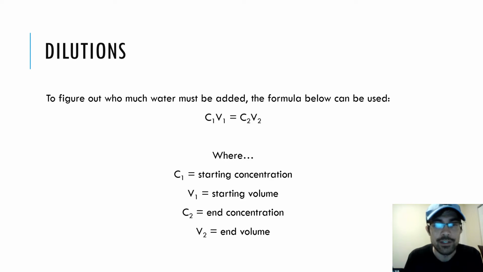For dilutions, you're using this formula here, C1V1 equals C2V2, okay? And in this case, C1 is your starting concentration. So typically speaking, with a dilution, you have a stock solution that is very concentrated, and you're going to dilute it down to something that's easier to work with and safer and possibly just what you need for your lab.